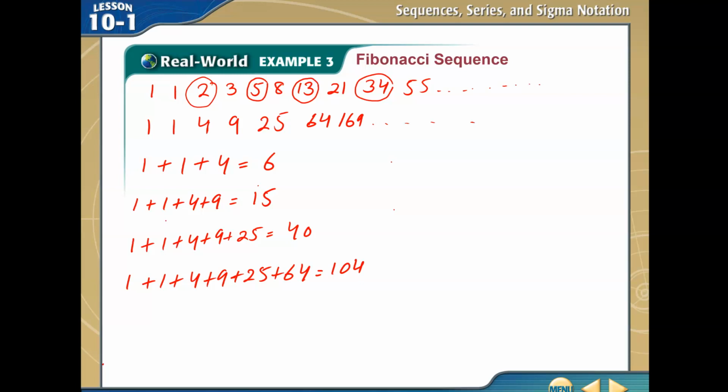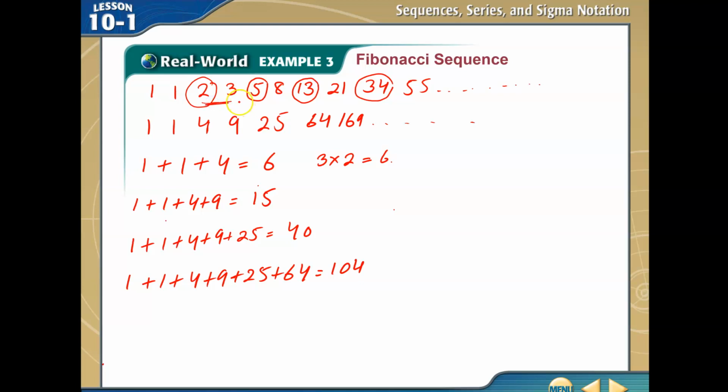Now look at this. 2 times 3 equals 6. Here, if you write this term in this way, 3 times 2 equals 6. These are two Fibonacci numbers.